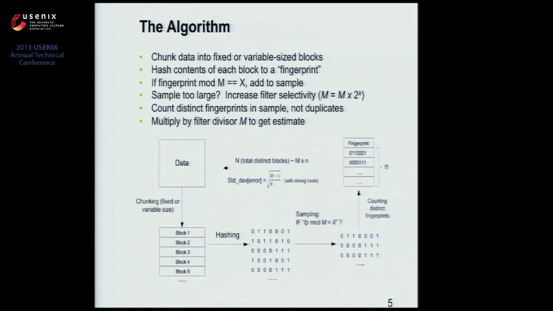Okay, and we're deduplicating the sample as we collect it. So all we need to do, at the end of running this algorithm, is multiply the number of distinct elements we found in our sample by m, and that's a good estimate of the number in the total volume. Moreover, if the hash is uniform random, we know the statistics of the error on this estimate.